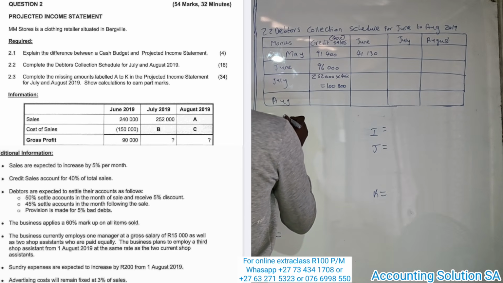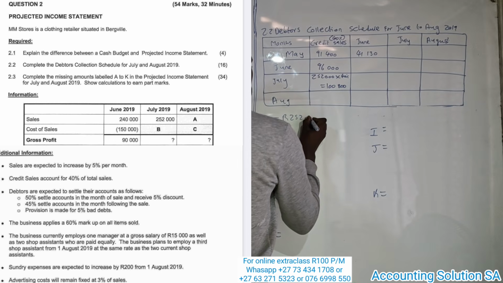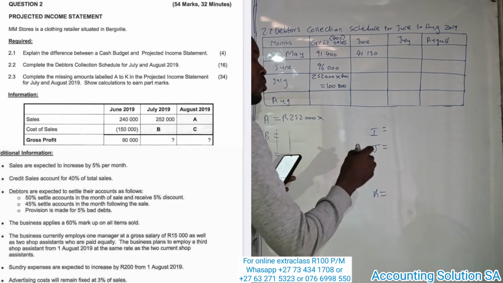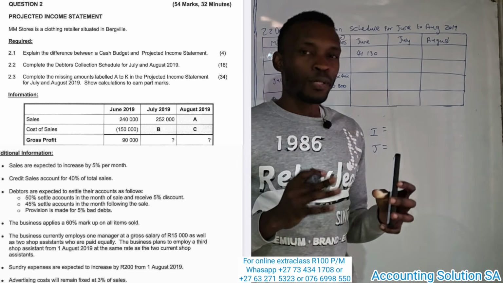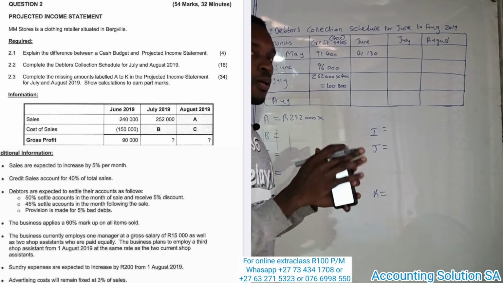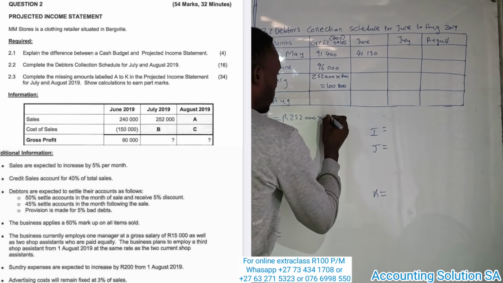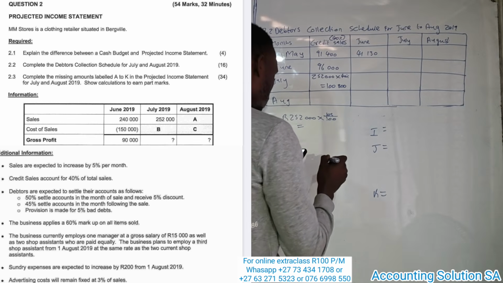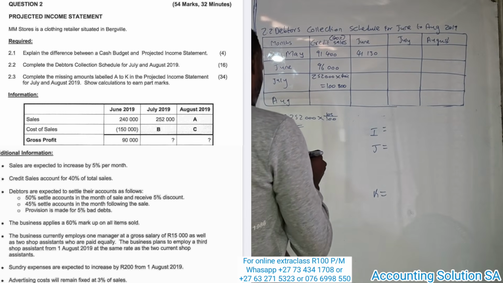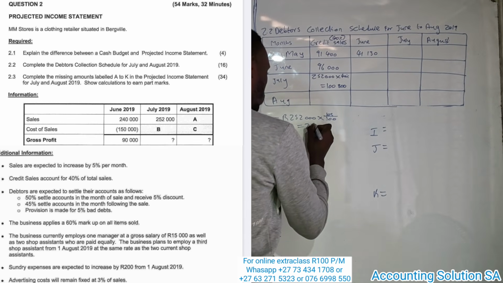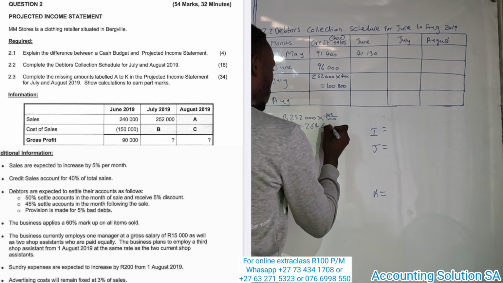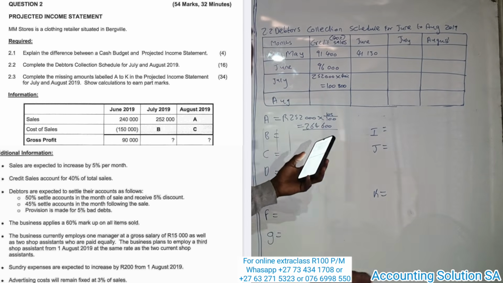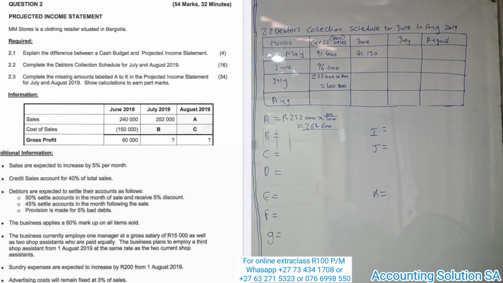Number A, 252,000. They say it is going to increase by 5%, which means that out of 100, we're going to add another 5%, and it's going to give us 264,600. So this is the amount that we can use to calculate credit sales of August.